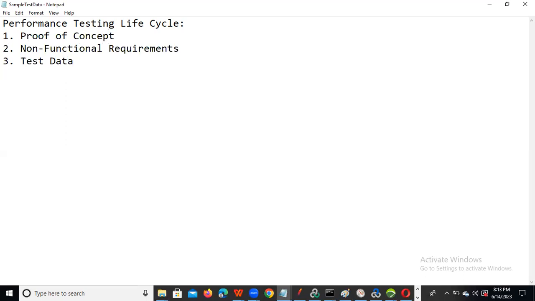The third point is test data, the fourth point is test plan, and the fifth point is workload model.